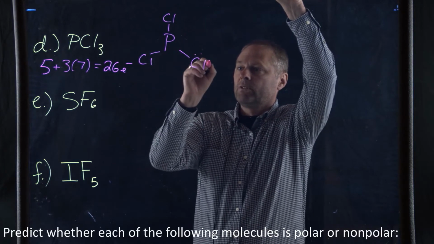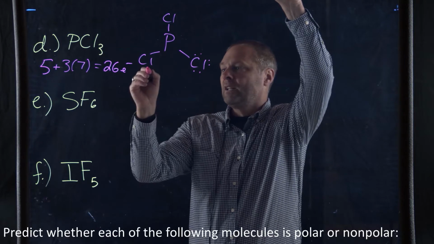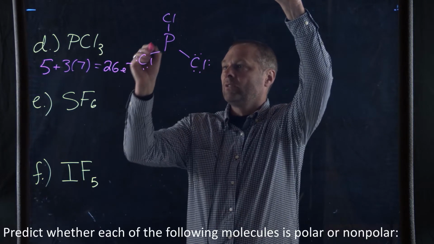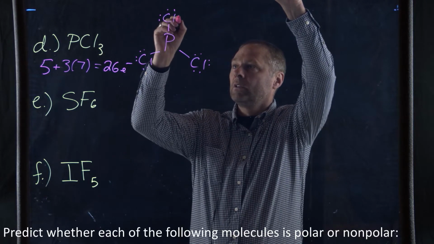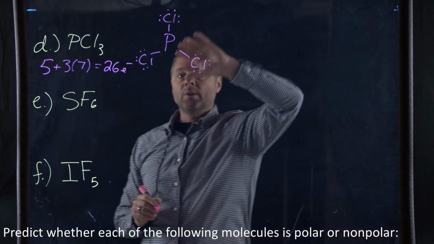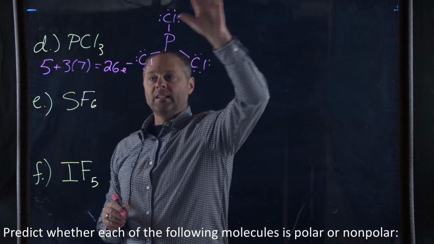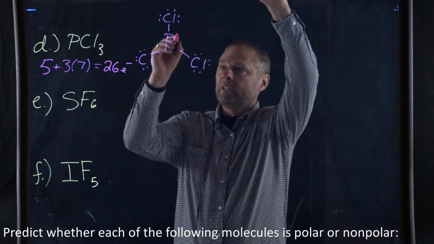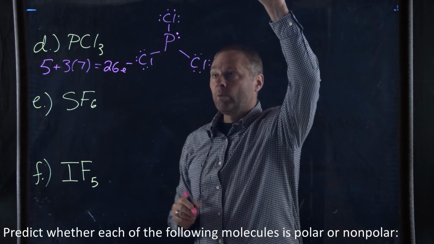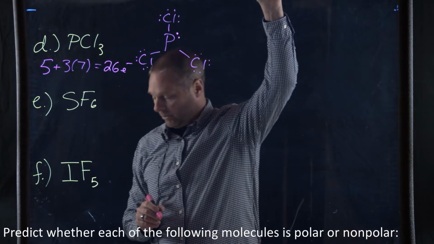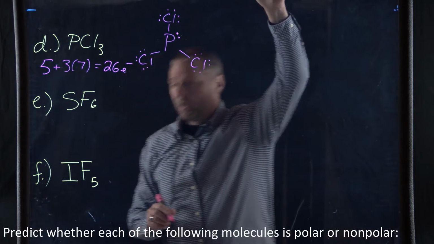We put the non-bonding electrons around the chlorines. We start counting these up. We have 8, 8, and 8. That's 24. And so there will be a lone pair of electrons on the phosphorus.